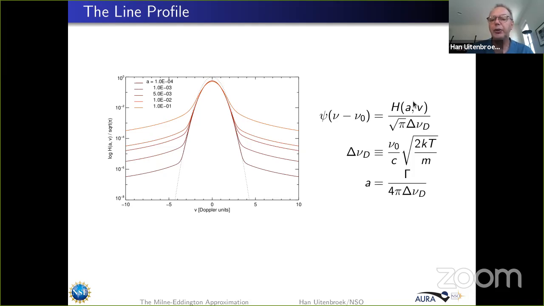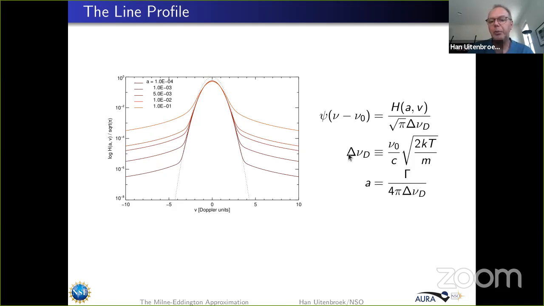And this Voigt function is a function of the damping parameter, and the damping parameter is a function of the lifetime and collisional broadening, which can be translated into a lifetime as well. So this is proportional to an inverse lifetime.